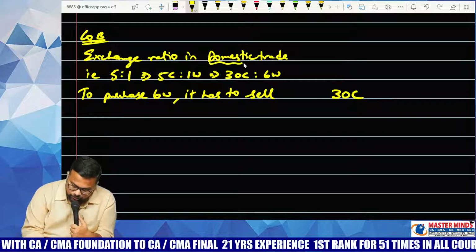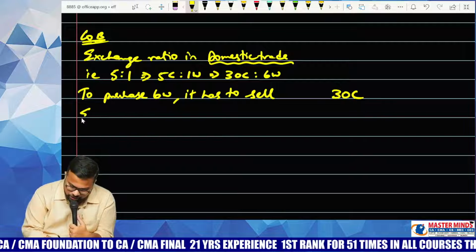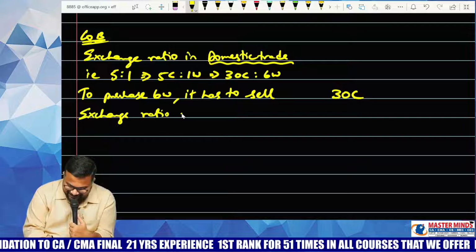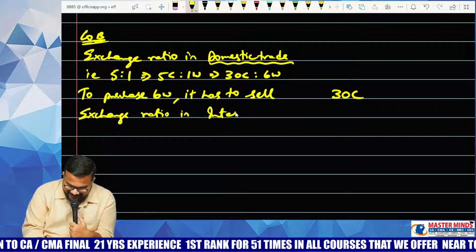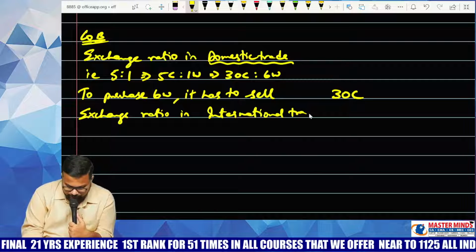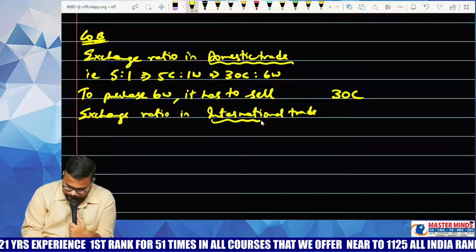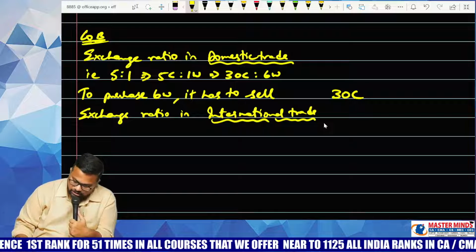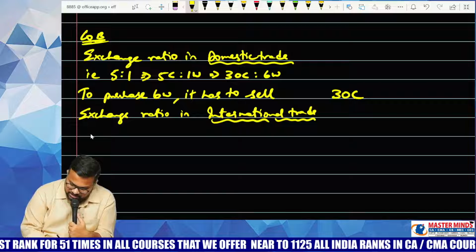Now coming back to international trade, the exchange ratio in international trade. The assumption is 6C is to 6W, right?